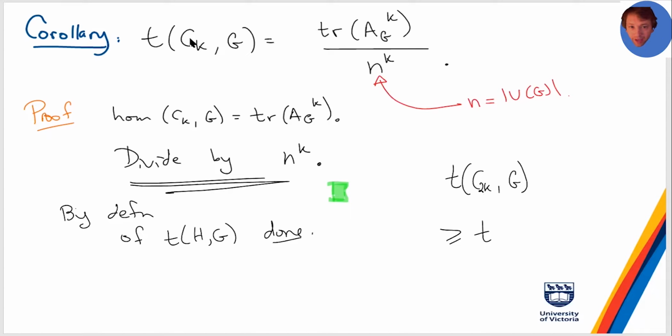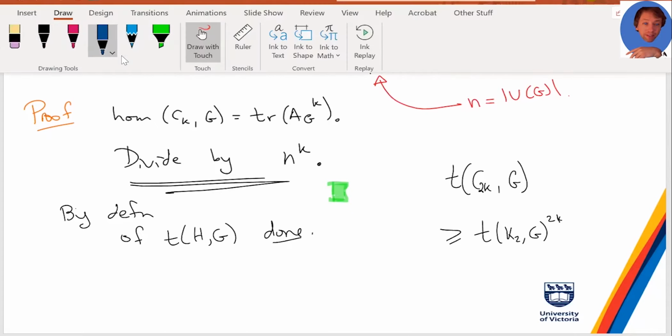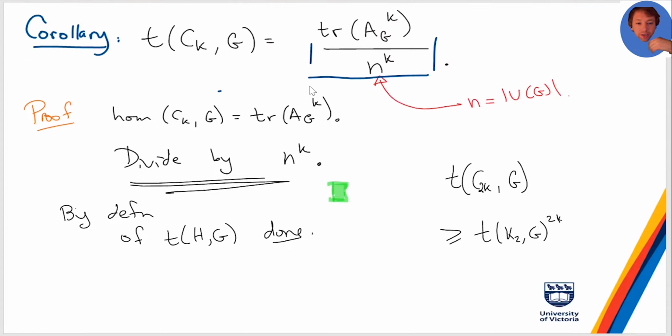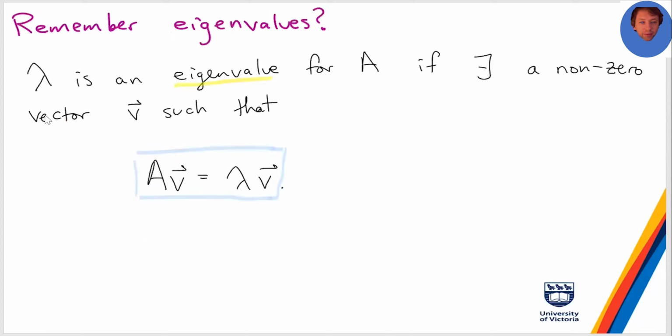Everywhere here I'm dealing with cycles of length k, which could be odd or even, but in the theorem I want to prove, we're dealing with even cycles. This boils everything down to a problem involving the adjacency matrix. What I want to do now is take this problem and try to understand it in terms of the eigenvalues of the matrix. At least I think that's what we're going to do now.